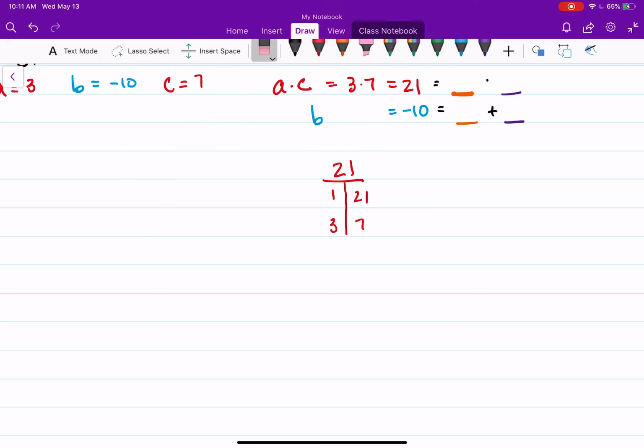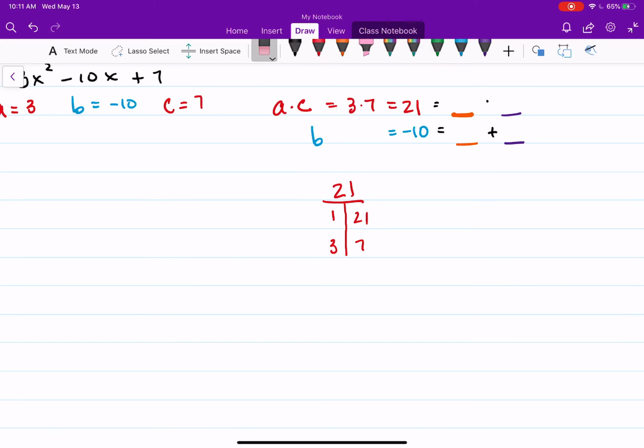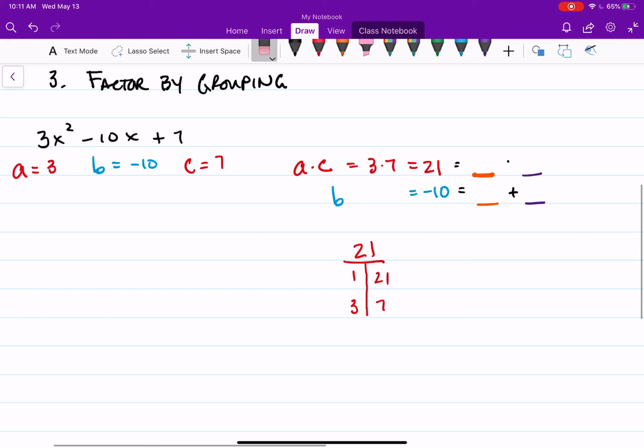So now I know that B is negative 10, and to multiply two numbers to give you 21, I have two choices: positive times positive or negative times negative, to get you positive 21. Both ways will work.